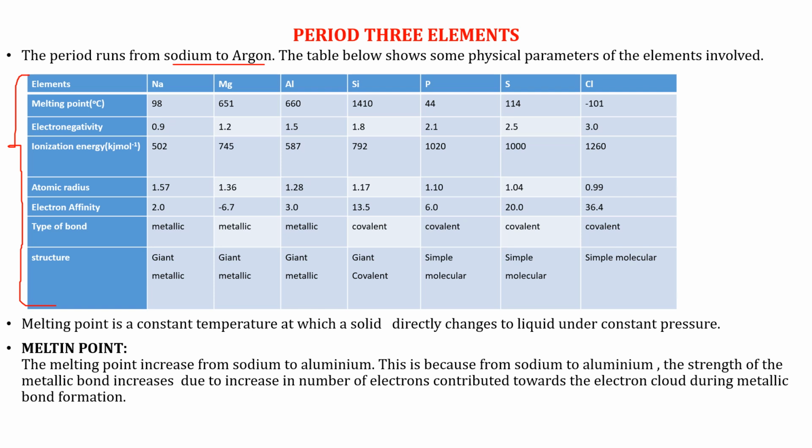Now, starting on the table, we have the melting point. Now, in our previous videos, we talked about what affects the melting point. Explanation of melting point, first of all, you have to understand the structure of each element. And then after understanding the structure of each element, you have to talk about the forces holding the structure.